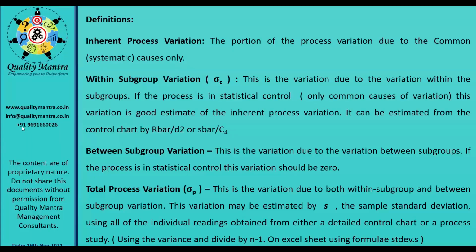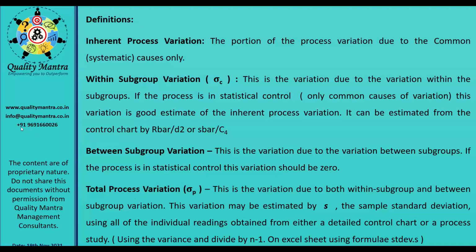Then comes the total process variation, that is TV. This process variation is because of both within subgroup and between subgroup variation. How are you going to estimate that variation? You can estimate it by S, the Greek letter S, meaning standard deviation, the sample standard deviation, which you calculate using all the individual readings from either the control chart or a process study.